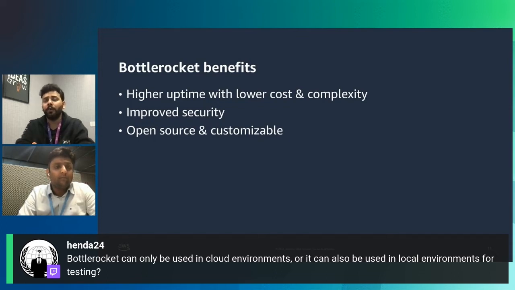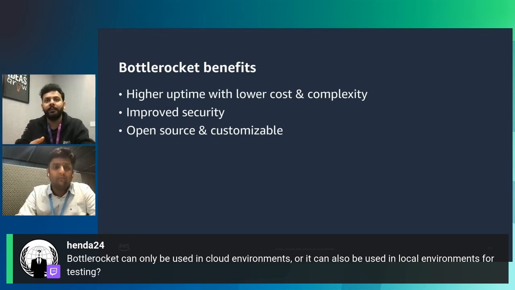Bottlerocket, as of now, is available on the cloud, and it is designed specifically to run containers on the cloud, right? Like I said, you can use it with EKS, you can use it with ECS, but I doubt that as of now we can really use it with Kubernetes or local Kubernetes, right?